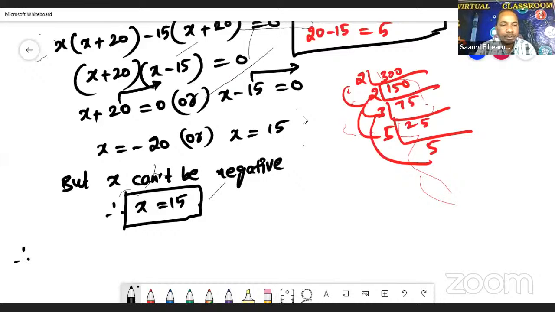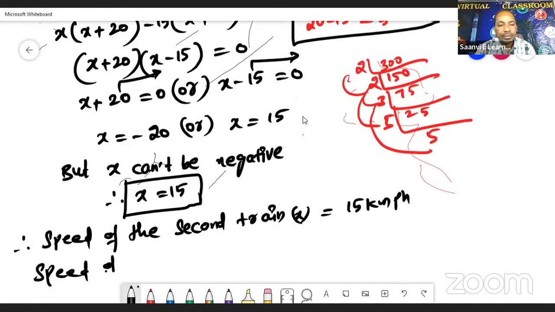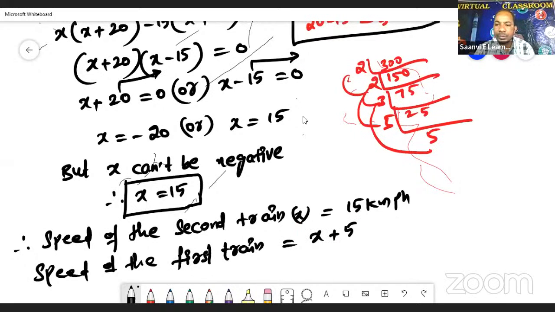So therefore, x means the speed of the second train. The speed of the second train we have taken as x is equal to 15 kilometers per hour. The same way, the speed of the first train is 5 kilometers per hour faster than the second train.